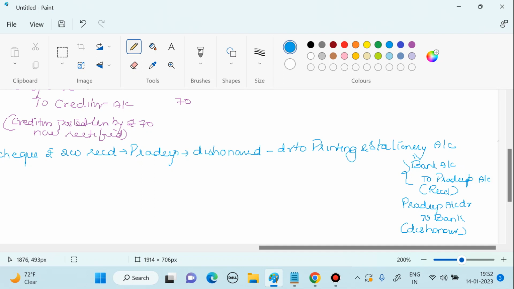But when the bank went to collect, it was not able to collect and it gave you a notification that the check is dishonored. So immediately you have to pass this entry. It will be Pradeep account debit to printing and stationery account.